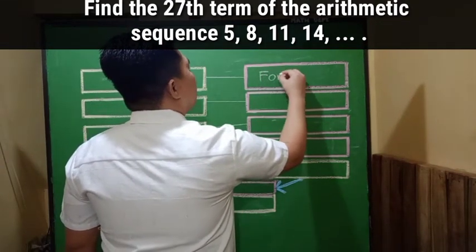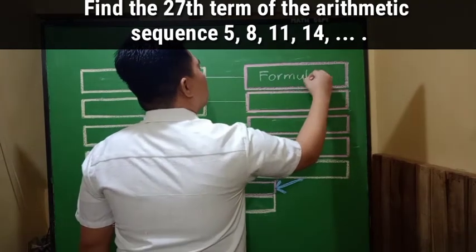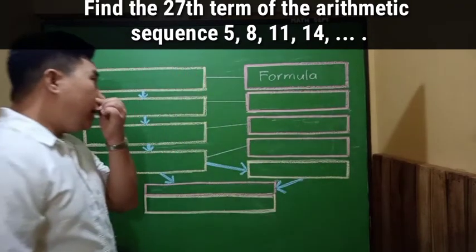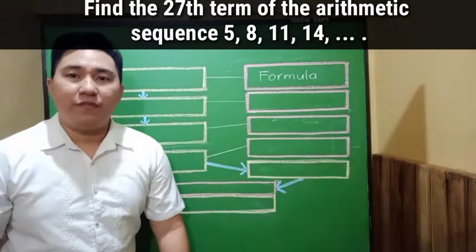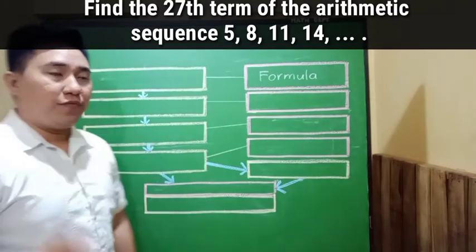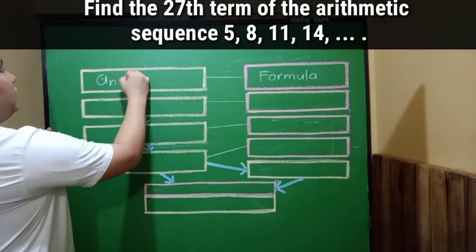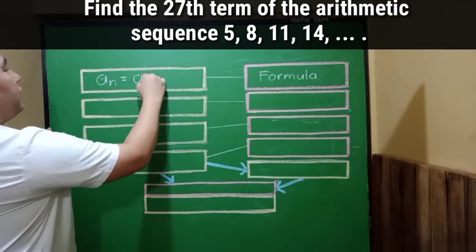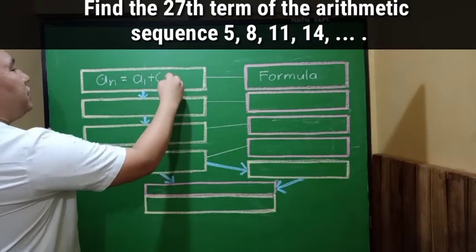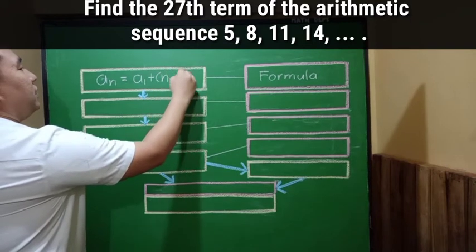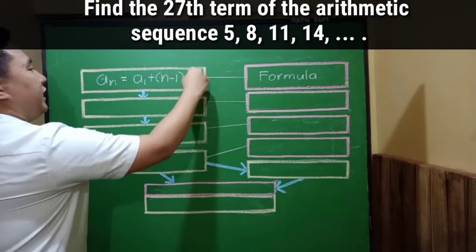So what is the formula in finding the nth term of the arithmetic sequence? The formula here is a sub n equals a sub 1 plus the quantity of n minus 1 times d.